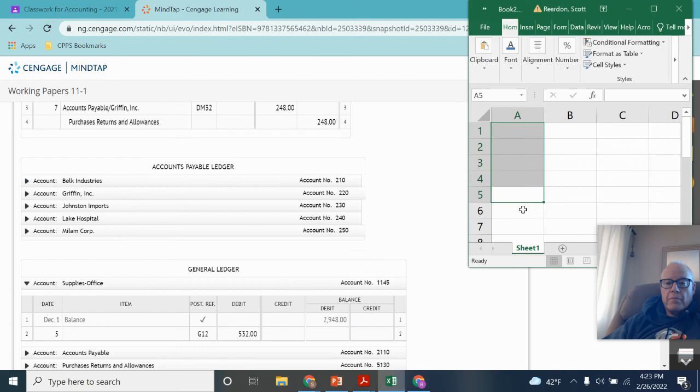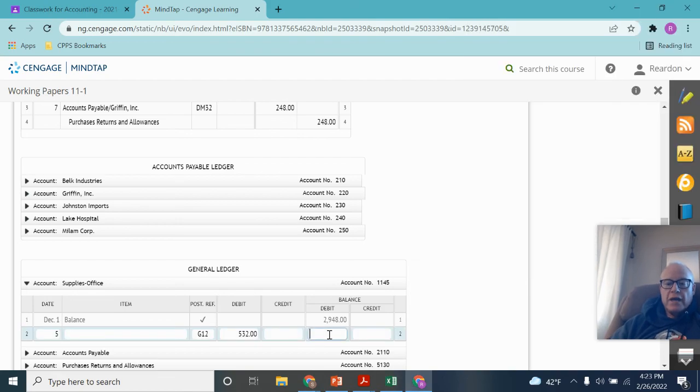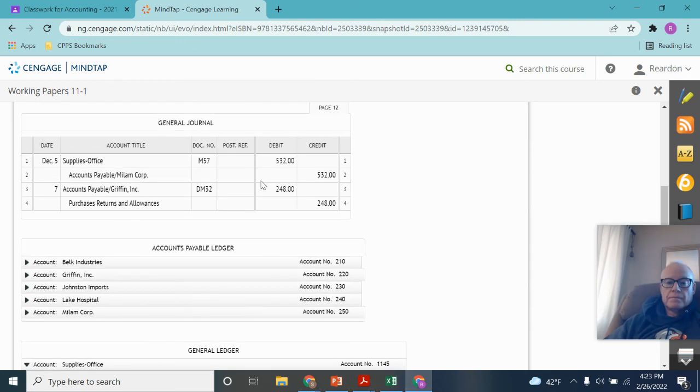And I'm always psycho about just trying to use my head here, but 2948 plus previous debit amount, office supplies, adding a new debit for 532, new balance 3480. Again, at the end of the fiscal period, we'll take a physical inventory of supplies and determine how much we actually used. That's account 1145. Put that back in the post reference area.